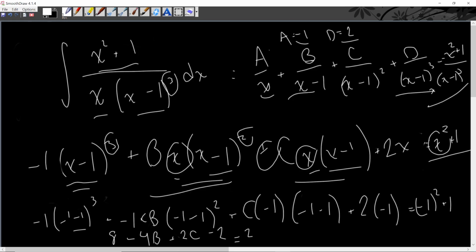And then from here, let's bring that 8 and that 2 to the other side. We're going to have 2 plus 2, 4, minus 8, so negative 4. So minus 4b plus 2c is equal to 2 plus 2 minus 8, negative 4.